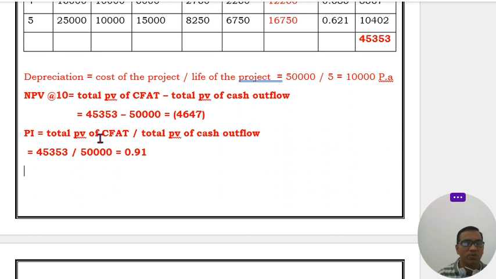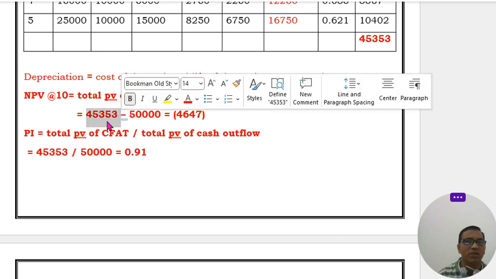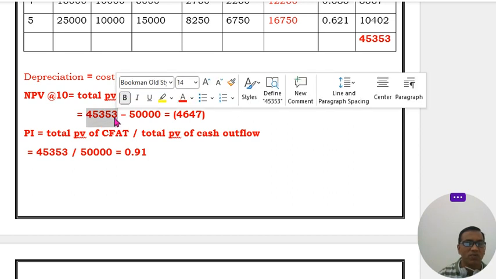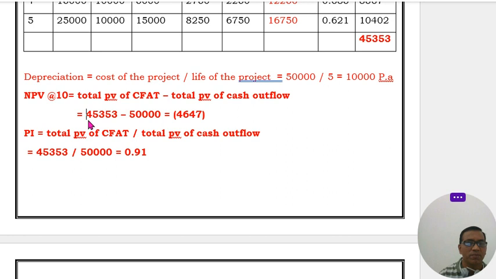I told you before in the previous problem, at IRR, the PV of cash inflow should be equal to the PV of cash outflow. That means here the total PV of cash flow is 45,353. It should be 50,000. If it is also 50,000, then 50,000 minus 50,000, NPV will be 0. So here the value should be increased.